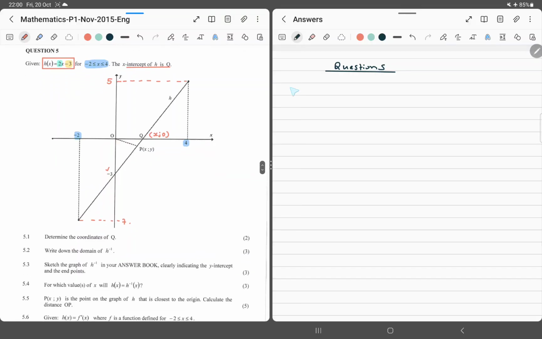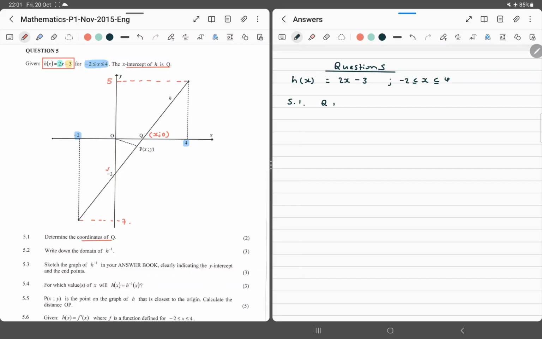So let's start answering these questions. So we've got h of x is equal to 2x minus 3 for the domain x less than or equal to 4, greater than or equal to minus 2. Okay, that's all right. 5.1 says determine the coordinates of q. So that's easy.